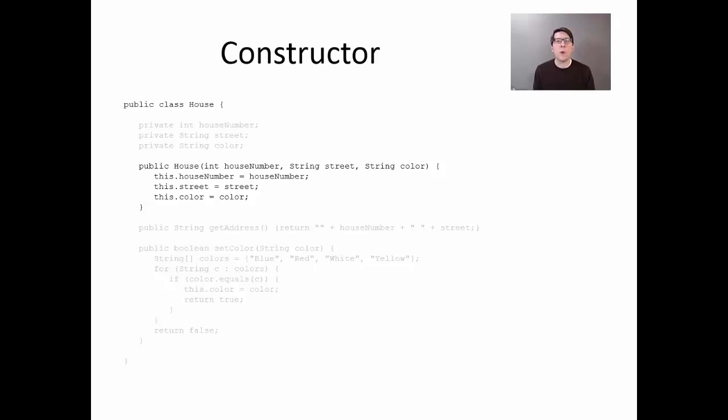The constructor is almost always public and always has the same name as the class. It can have parameters passed to it, or it can be parameterless, and it never specifies a return type. You can also have multiple constructors if you have different purposes for initializing the variables, but the method signature must differ in terms of number or type of inputs.